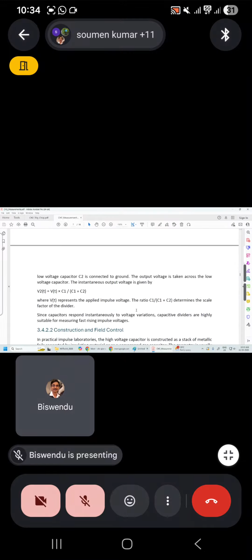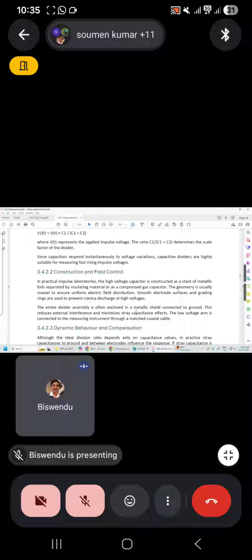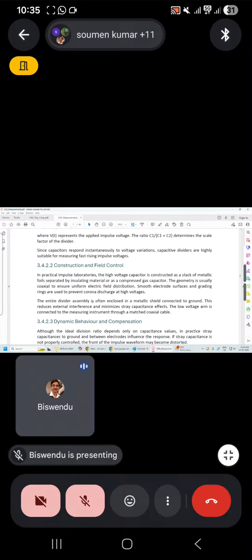Again, a capacitive voltage divider also exists, but the construction and field control are very important. The entire divider assembly is enclosed in a metallic shield connected to ground, so that no stray capacitance can be obtained.